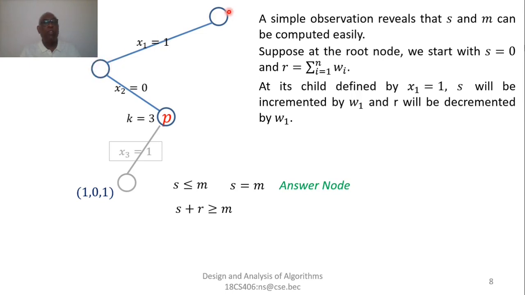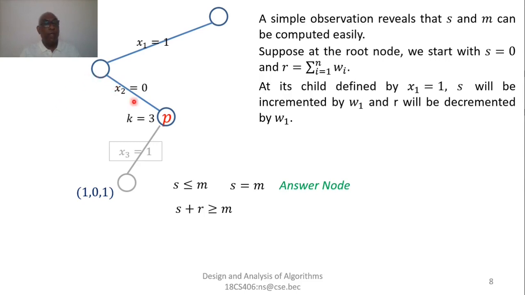If you know the value of S and R at the parent, at the node defined by x1 equal to 1. Please note, this discussion is valid only at the node defined by x1 equal to 1. So at the node defined by x1 equal to 1, S will be incremented by W1, R will be decremented by W1. I think it can be generalized now that if you know the values of S and R at any level k, then in the next level S will be incremented by Wk and R will be decremented by Wk at the node defined by xk equal to 1.